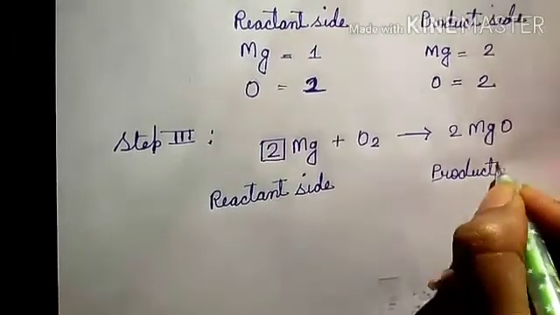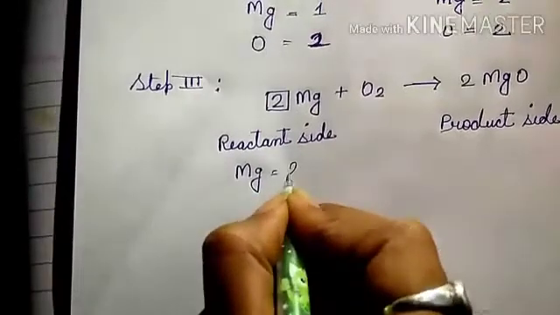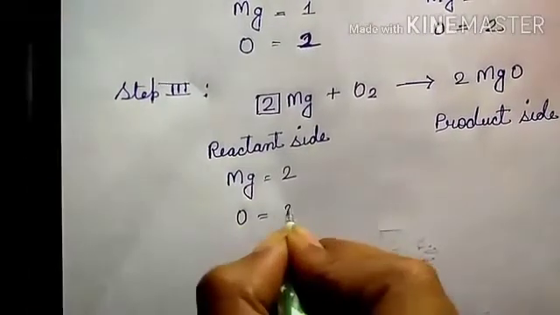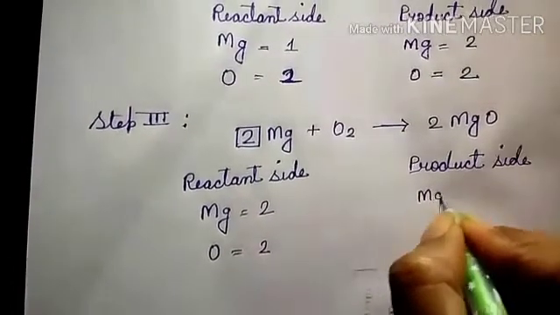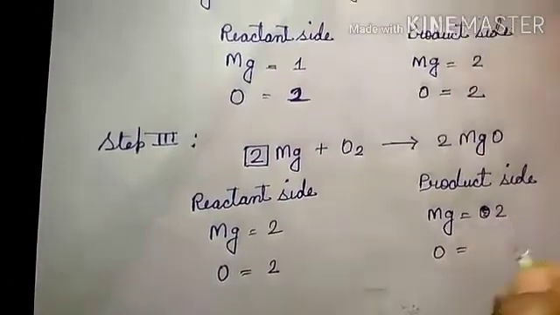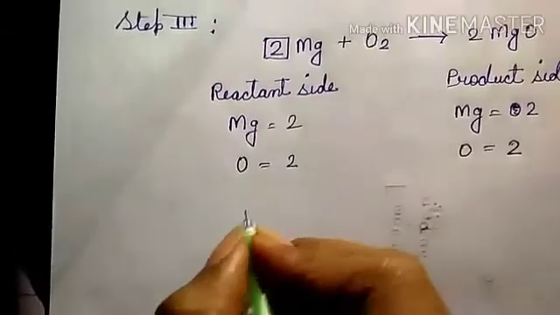In the reactant side, the number of magnesium atoms is 2 and the number of oxygen atoms is 2. And in the product side, the number of magnesium atoms is 2 and the number of oxygen atoms is also 2.